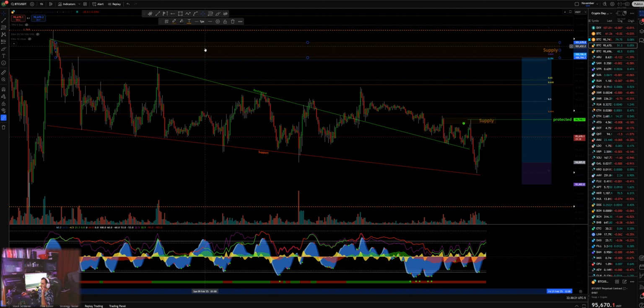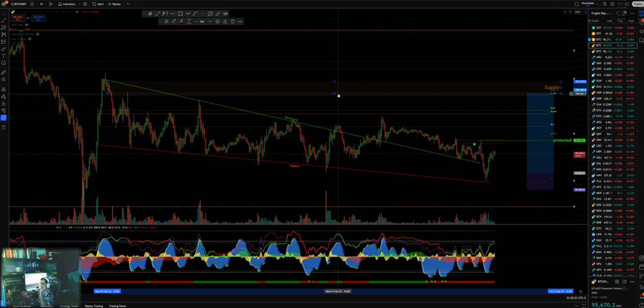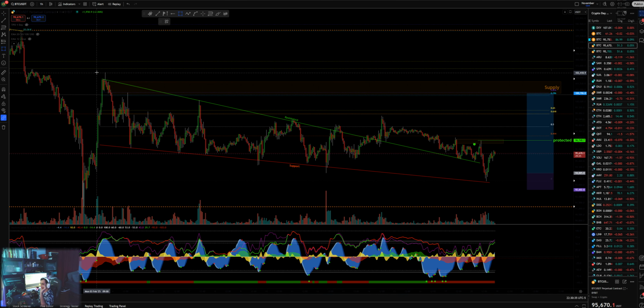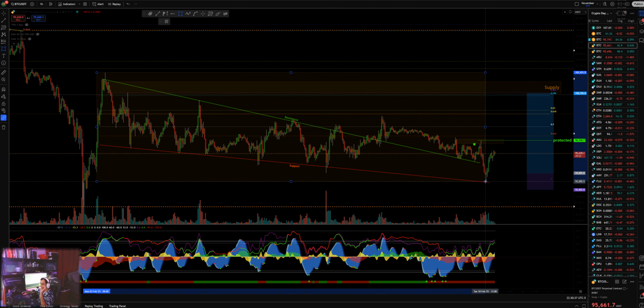So at 101,000, we have this high here. We have an order block up here. We have a high. We have the 786 of the range from that being here to this low here.